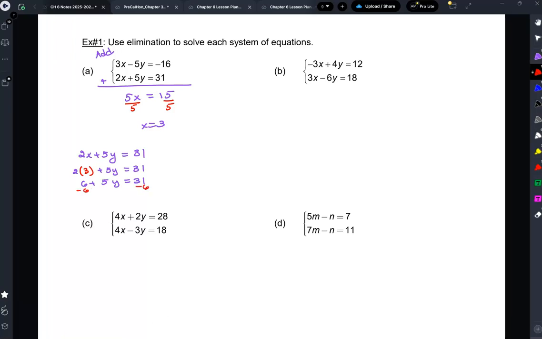Minus 6, minus 6. 5y equals 25. Divide by 5, divide by 5. Y is 5. So the answer is 3, 5.